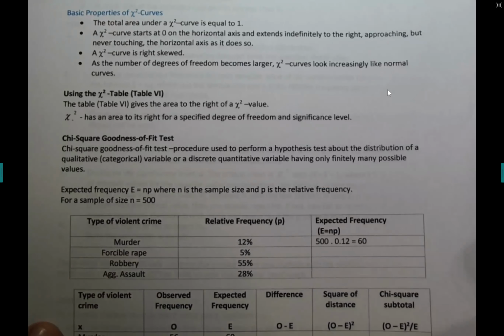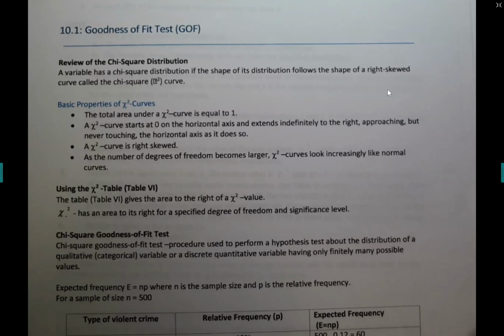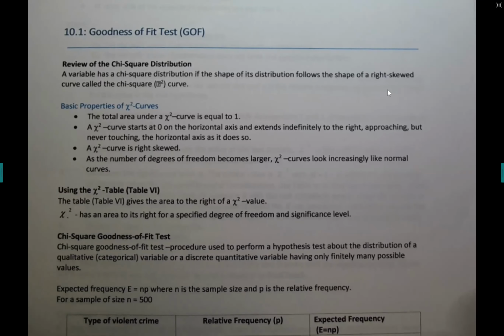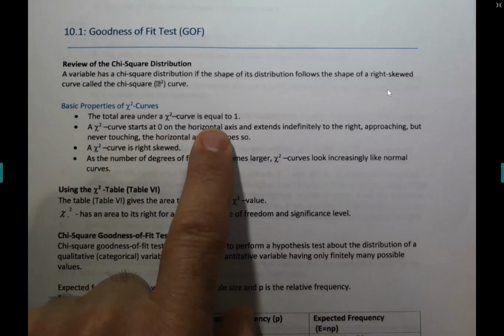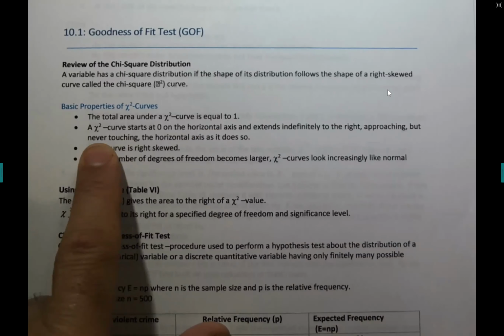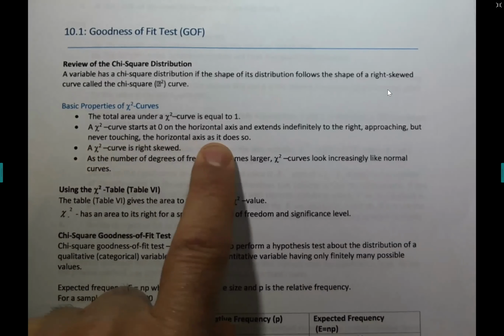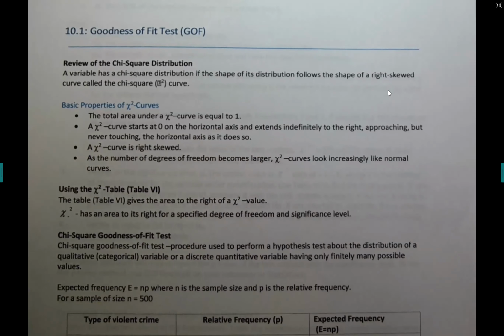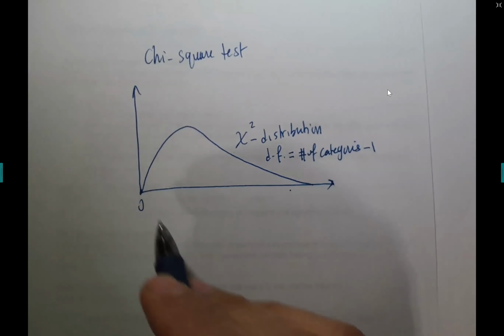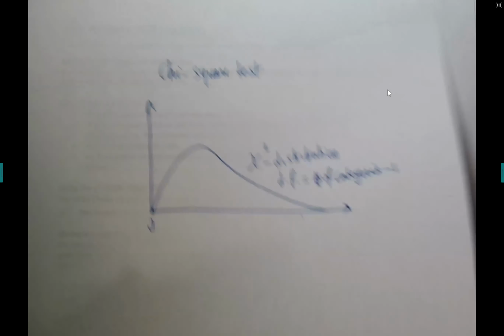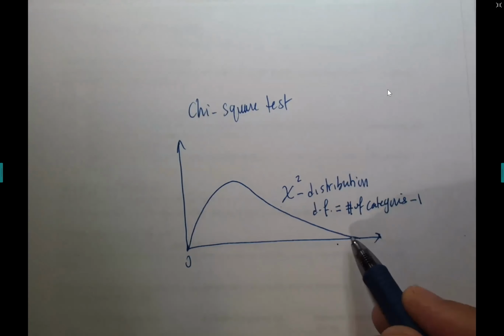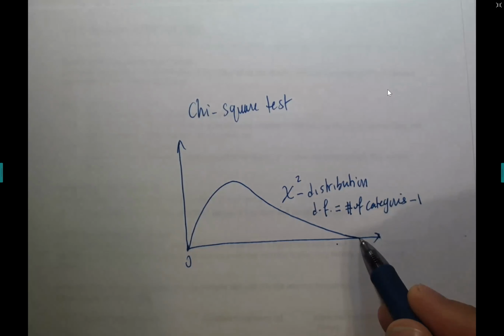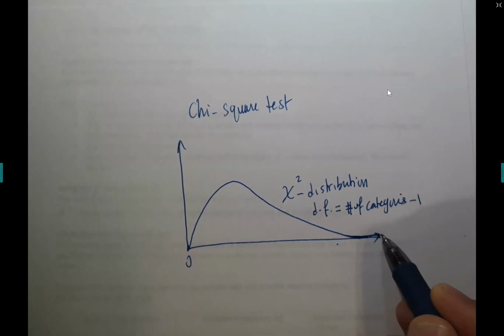To share some more information about the chi-square distribution: the total area under the curve is equal to 1. The chi-square curve starts at 0 on the horizontal axis and extends indefinitely. You can see it starts at 0 and extends indefinitely. The curve does not touch the x-axis. It's very close, but it doesn't touch the x-axis.